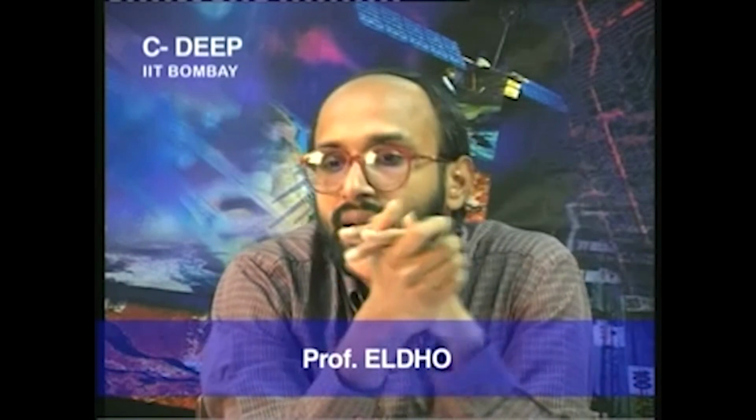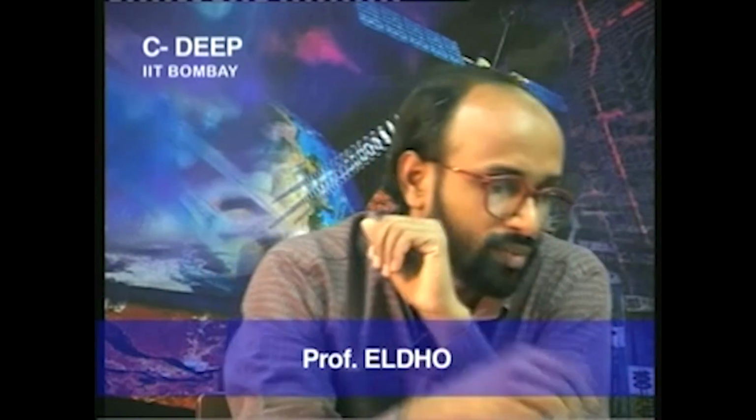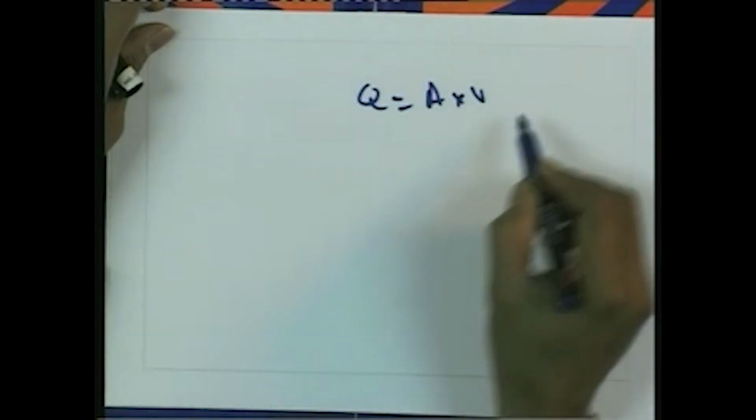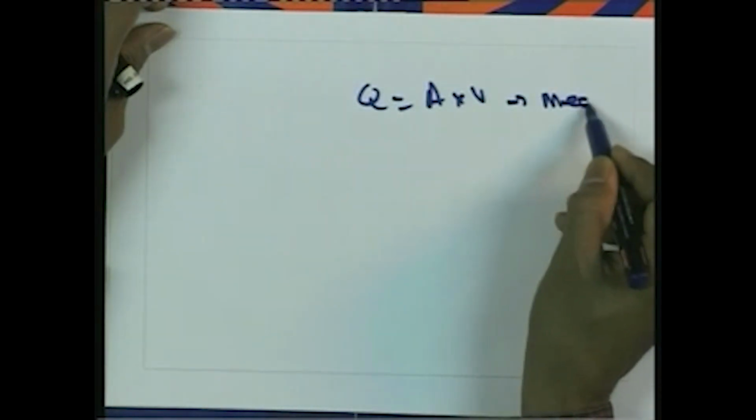The actual velocity may not be uniform. The mean velocity is multiplied by the area of cross section, so Q is equal to area of cross section into velocity. So this V is the mean velocity.